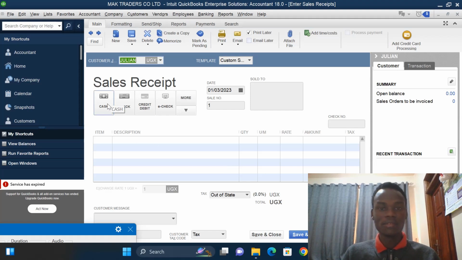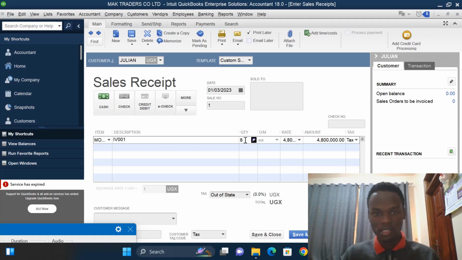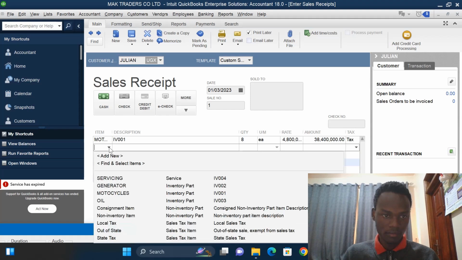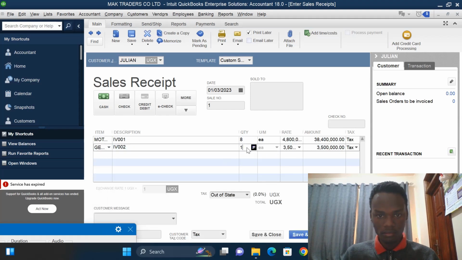The transaction involved cash, so we shall take our cash. We shall come here to the item. So there were 8 motorcycles, and 3 generators.